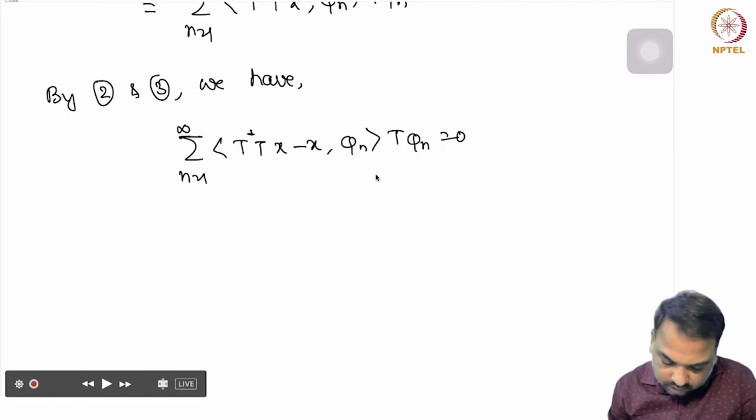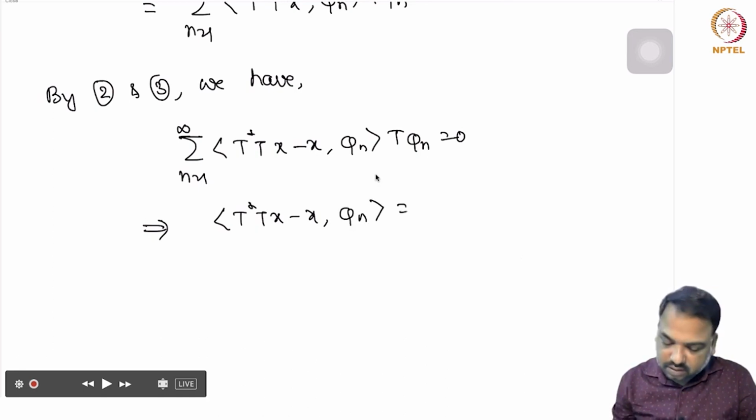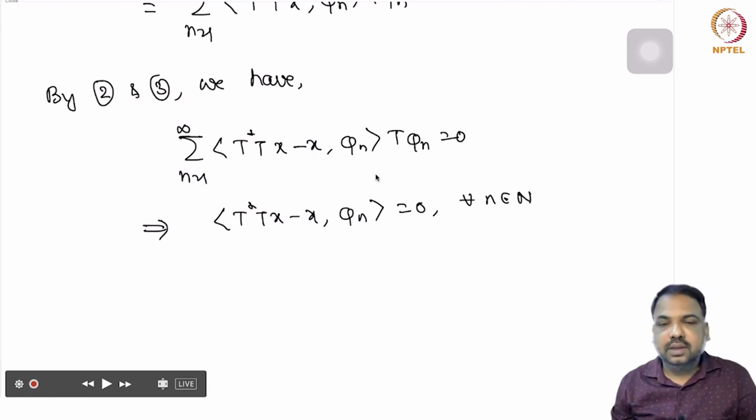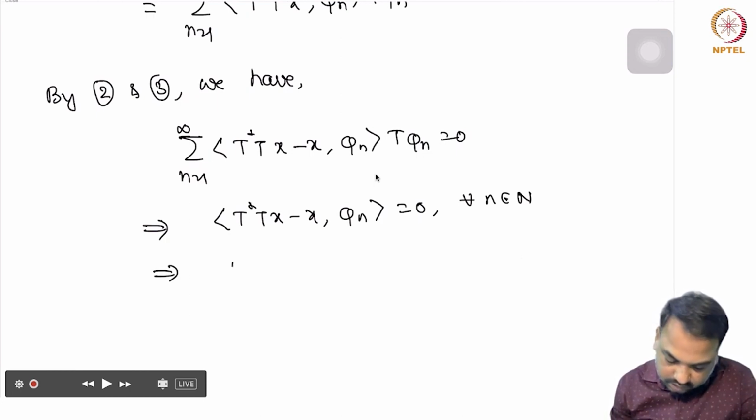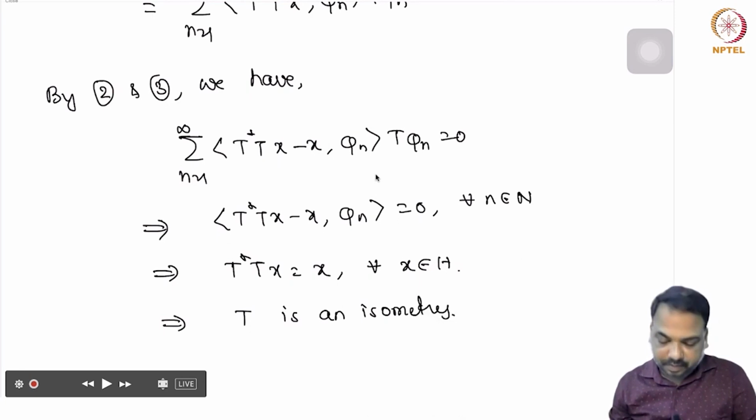From this we can conclude that inner product T star T x minus x with phi n is 0 for every n in N, because T phi n is an orthonormal basis for range of T. So this implies T star T x equal to x for every x in H, that is T is an isometry from the earlier characterization.